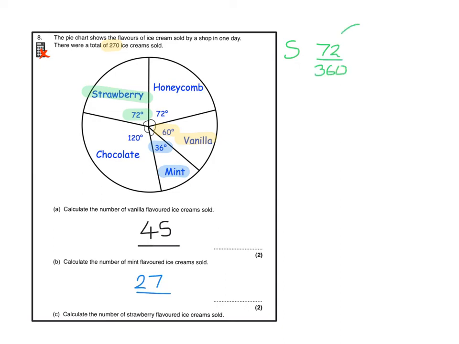I need to simplify it again. Now, you might not be able to think of the biggest number that goes into it straight away, but I definitely know that 2 goes into it. So let's divide by 2. And I get 36. And 360 divided by 2 is 180.